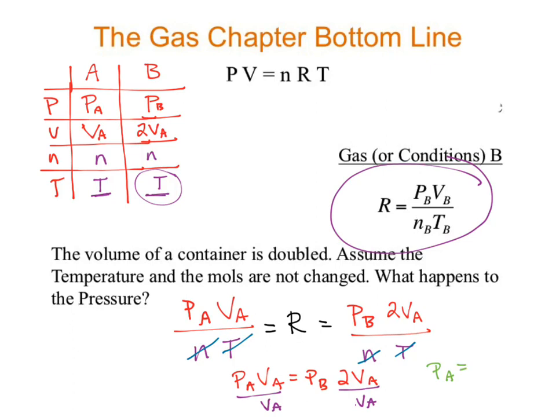I get PA equals 2 times PB. Whoops, I don't know why I did that. Oh, I was dividing by 2. You guys switched it on me. We switched it because we knew that was going to happen. PA equals 2 times PB.